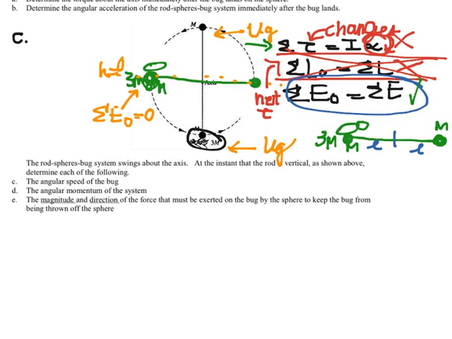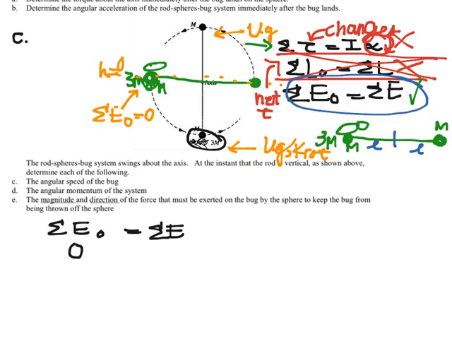The whole thing is not translating, but they are spinning, so that's rotational kinetic energy. Okay, so what we can say is, setting sigma E naught equal to sigma E, at the beginning we have no energy at all.